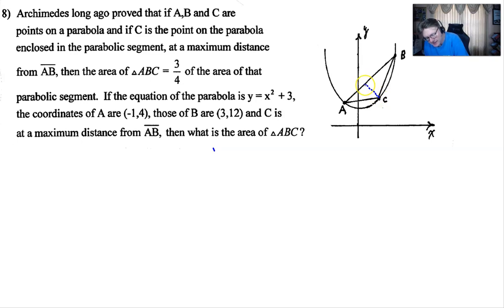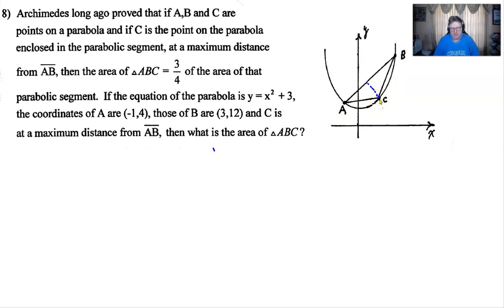So if you draw the perpendicular there, which really isn't important to the solution of the problem, I just want everyone to know that C is as far away as it could possibly be from the actual line segment AB. So in other words, if C were anywhere else along this parabola, it would be closer to the line segment AB than where it is currently located.